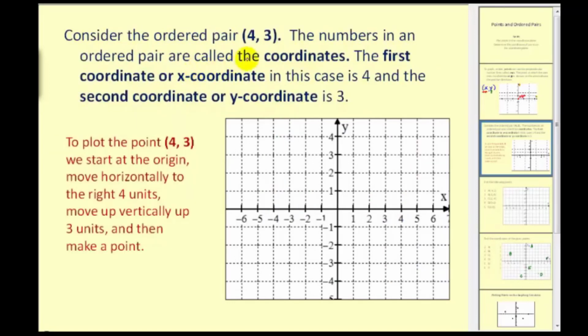So let's consider the ordered pair (4, 3). As we just stated, the first coordinate is the x-coordinate and the second coordinate is the y-coordinate. So to plot the point (4, 3) on the coordinate plane, we start at the origin and we move horizontally to the right 4 units since the x-coordinate is positive 4.